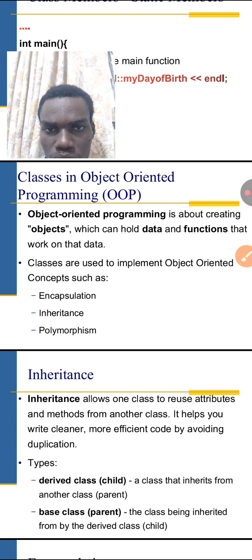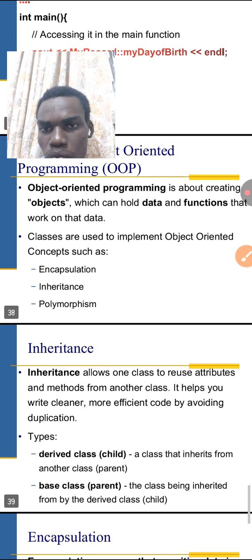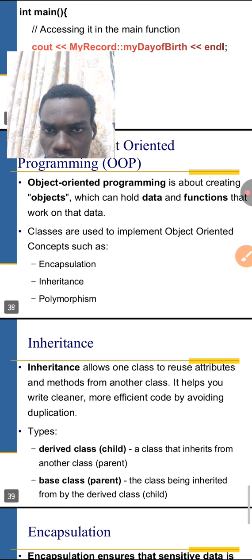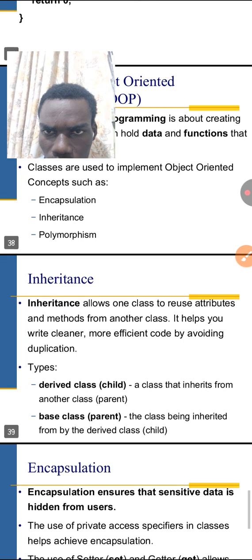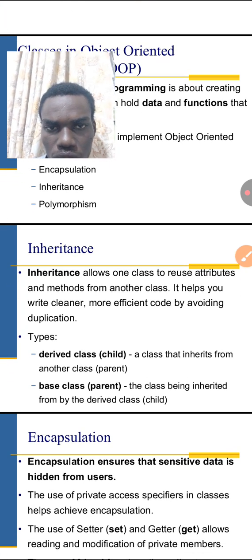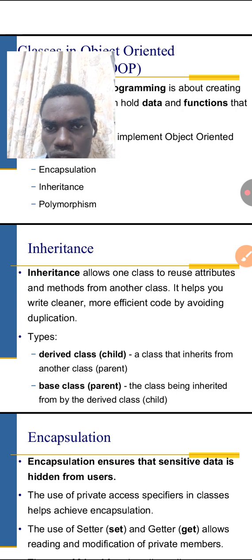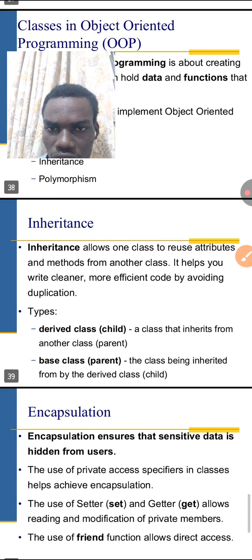Classes are used to implement object-oriented concepts such as encapsulation, inheritance, and polymorphism. Inheritance allows one class to reuse attributes and methods from another class. It helps you to write clearer, more efficient code by avoiding duplication.